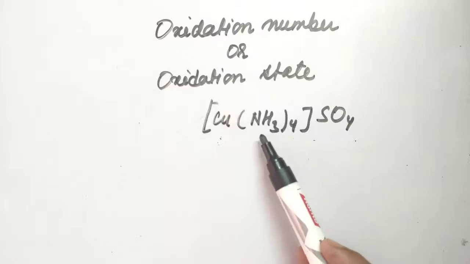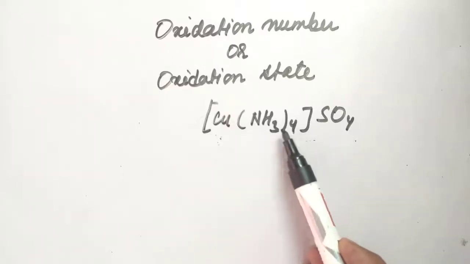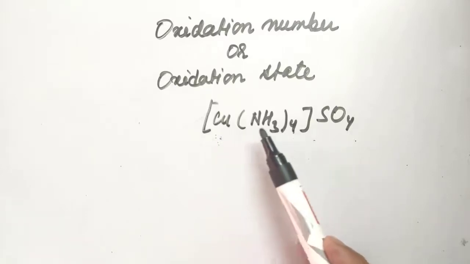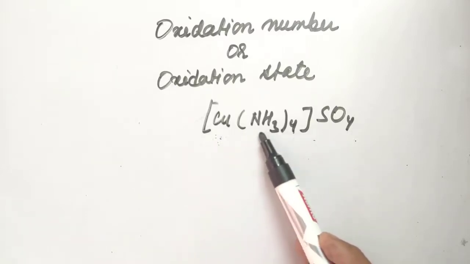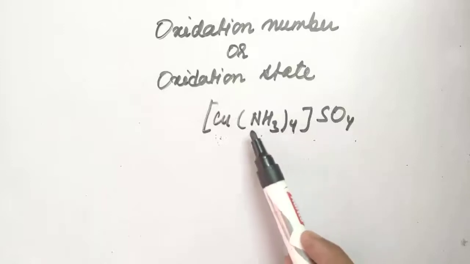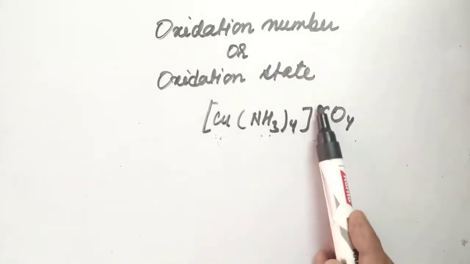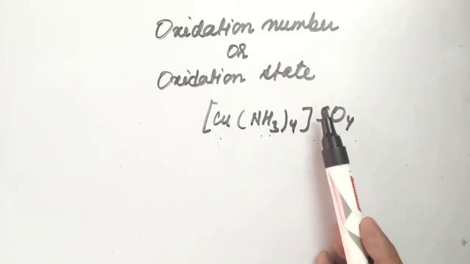Inside the coordination sphere, we calculate the charge of the central metal atom and the ligands together and equate it with the charge outside the coordination sphere.